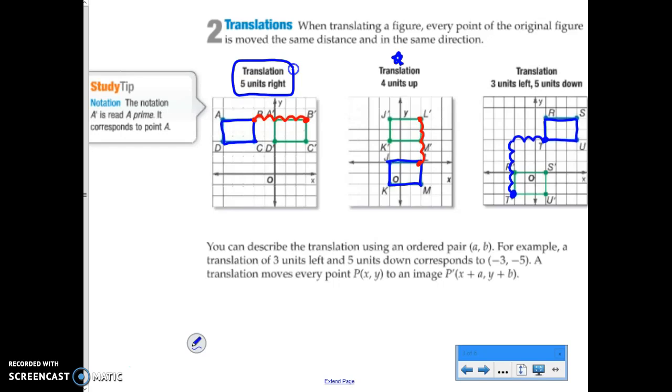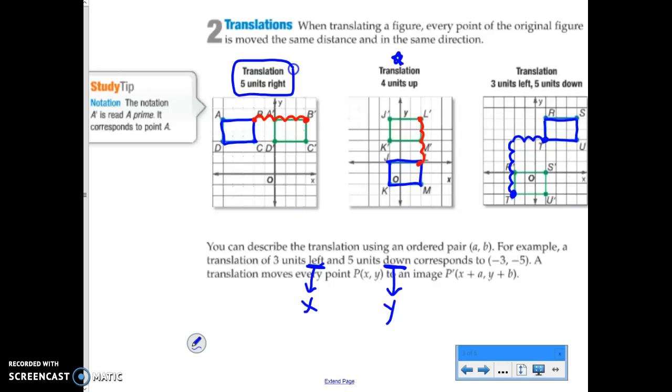It says you can describe the translation using an ordered pair (a, b). For example, a translation of 3 units left and 5 units down corresponds to (-3, -5), right? Because if we're moving to the left, we know that's going to occur on the x-axis, and if we are moving up or down, we know that's corresponding to the y-axis.